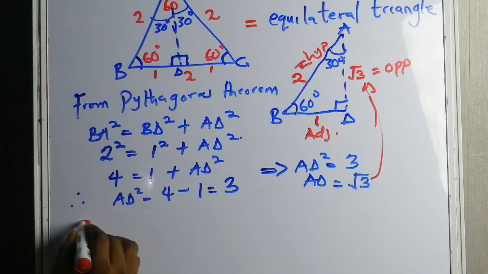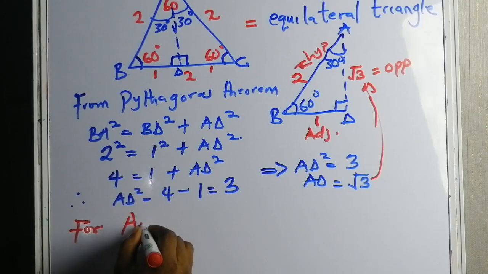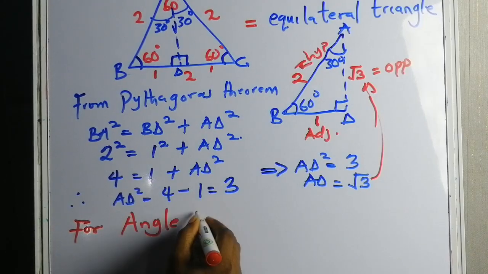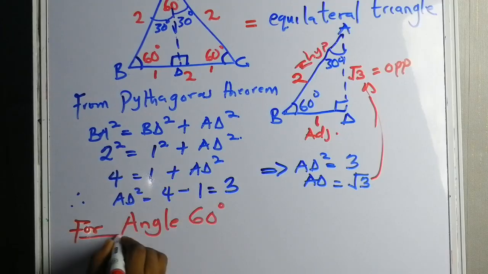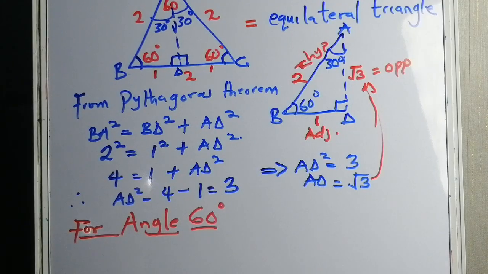So you now say that implies, for angle 60 degrees, we are treating angle 60 degrees first. So for angle 60, we can use our SOHCAHTOA.